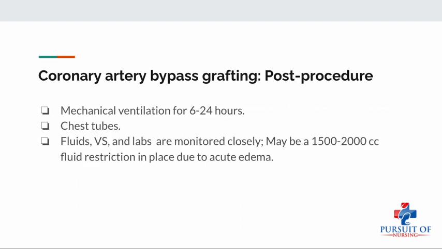So post-procedure after a coronary artery bypass graft, this patient will be in the cardiac ICU and on a mechanical vent for 6 to 24 hours. They will usually have 2 chest tubes, one to the medial sternum and one pleural chest tube. You're going to monitor the blood pressure.